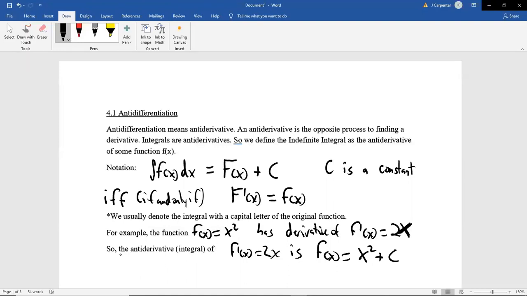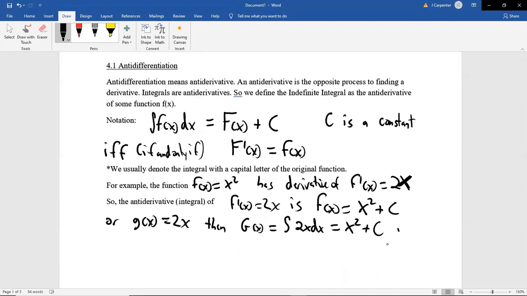Now, I didn't use the capital letter this time because I already was using the prime notation. I was showing function, derivative. So here's the original derivative, and then here's the original function. If I wanted to switch the letters, I could call g of x equal to 2x, then capital G of x, the integral of 2x dx, is x squared plus this constant. Again, derivative going from x squared, you get 2x. If you go backwards, starting with 2x, you get x squared, but then there's this extra constant in there.